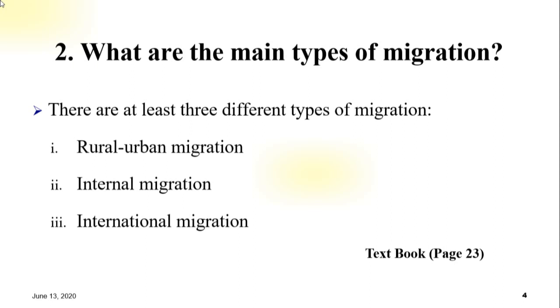For example, in our country, in Phnom Penh, they migrate from Resakeo to Po Sanchai, something like that. This is internal migration. And the last one is international migration. When you see the word international, it means abroad.